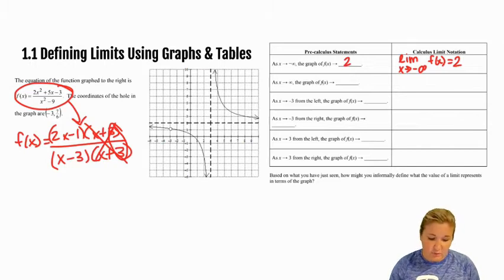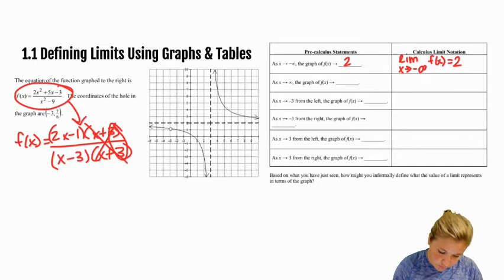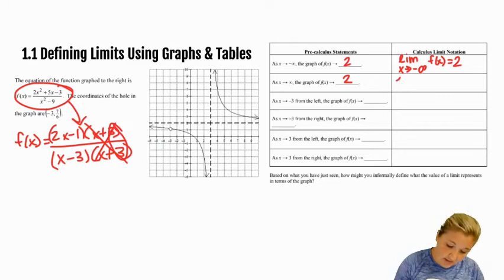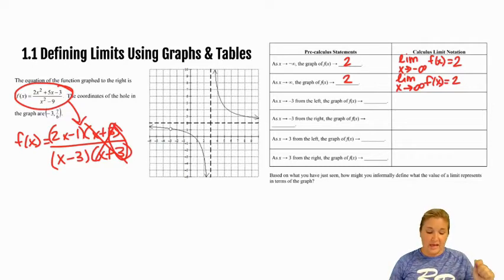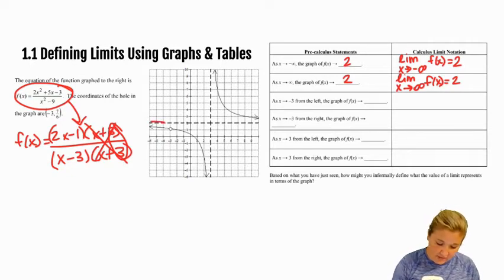So then as x approaches positive infinity, the graph of f of x is going to approach 2 as well, coming in from this way. So again, writing that in notation, the limit as x approaches positive infinity of f of x is going to be equal to 2. Now, as x approaches negative 3 from the left, what is f of x approaching?